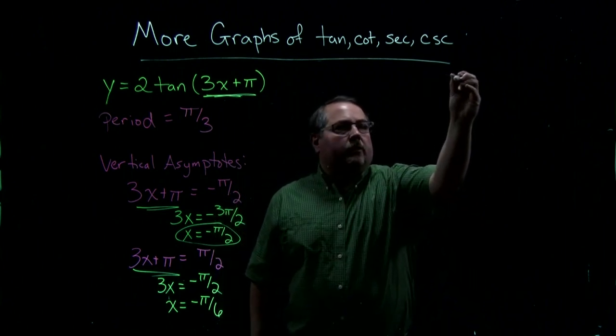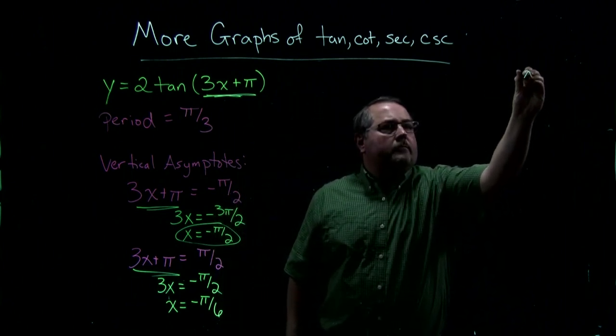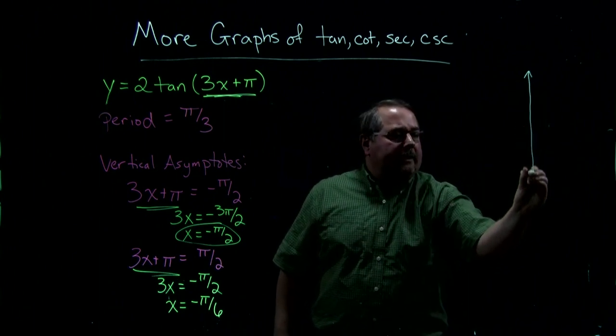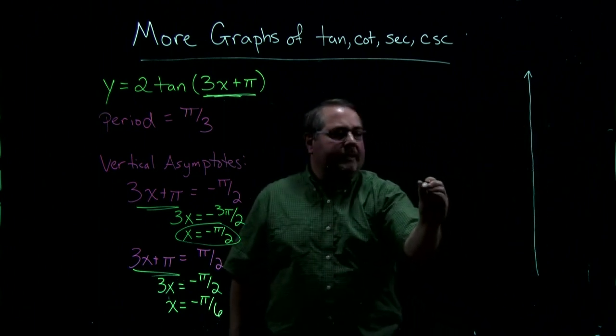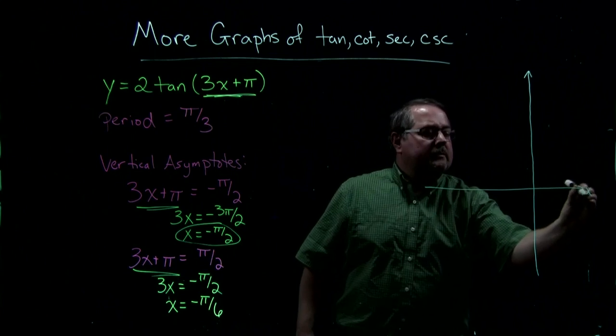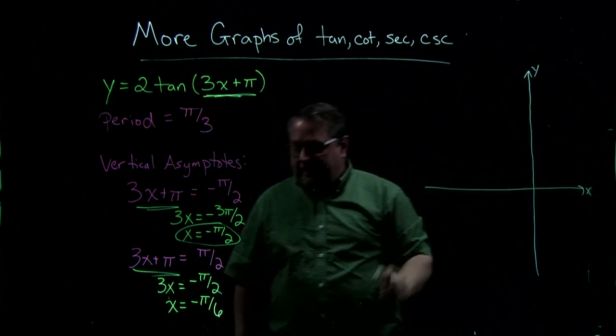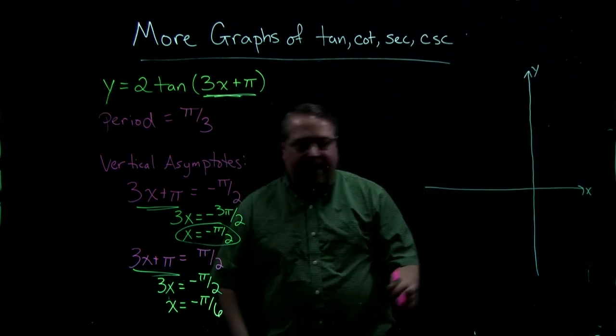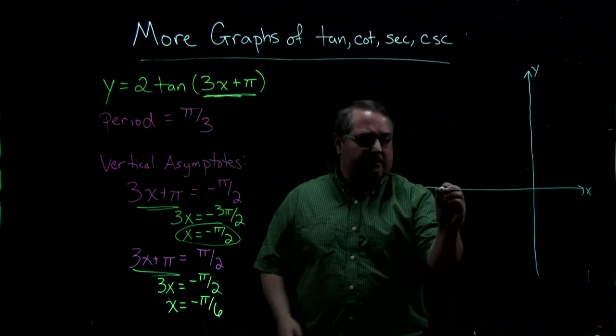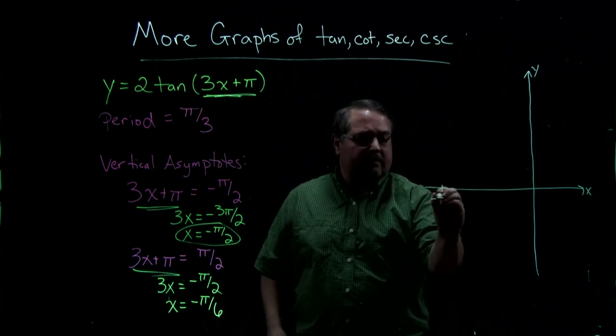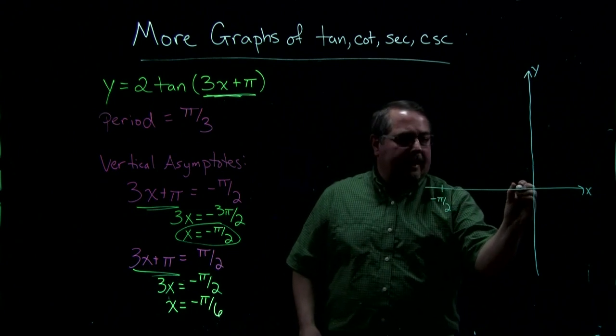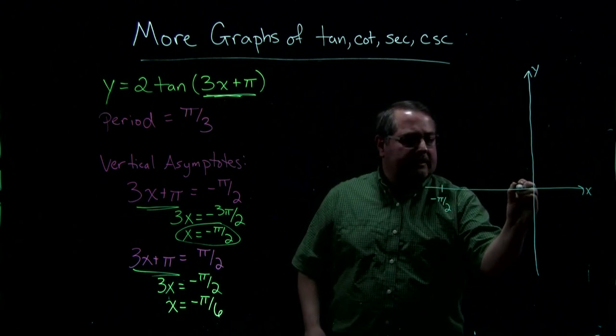So if we take a look at our graph and draw one period of our new tangent function, we can have one vertical asymptote at negative pi over 2 and one at negative pi over 6.